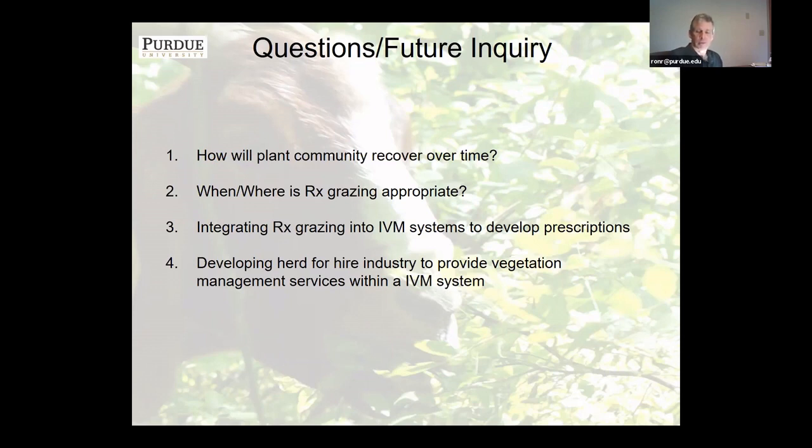And so there's a real lack of that. So perhaps with being able to come out with some prescriptions and a little bit of education, perhaps there'll be more of our goat producers that will look into developing a herd for hire industry.